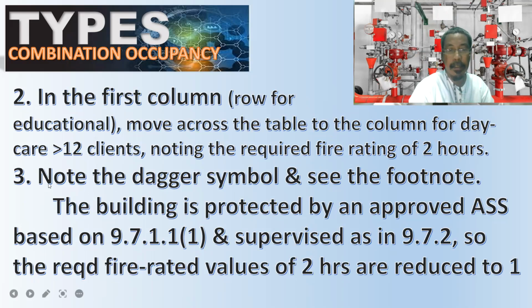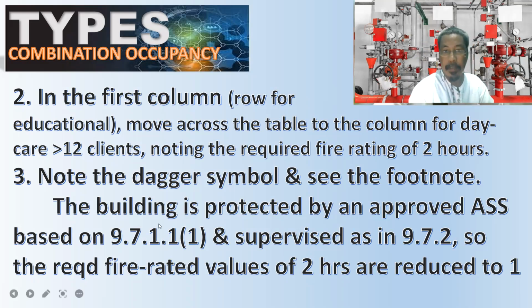And number 3, note the dagger symbol and see the footnote. If there is a dagger symbol, as we already explained from the previous module, it will not allow the 1 hour subtraction of the fire rating.